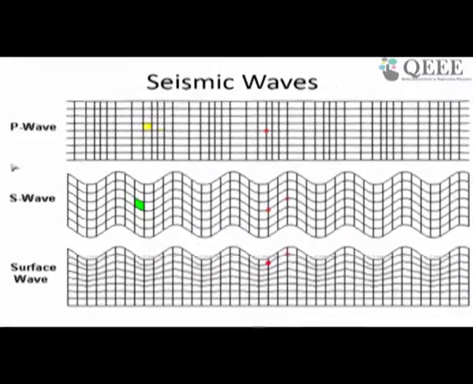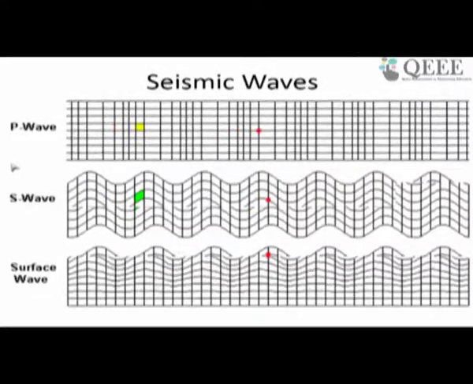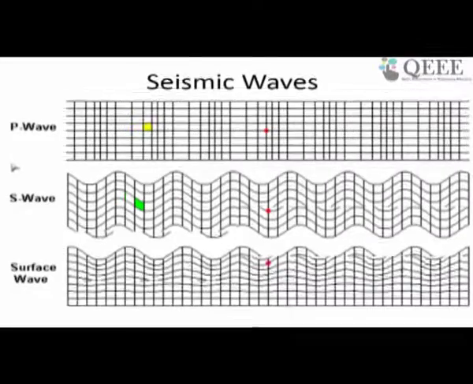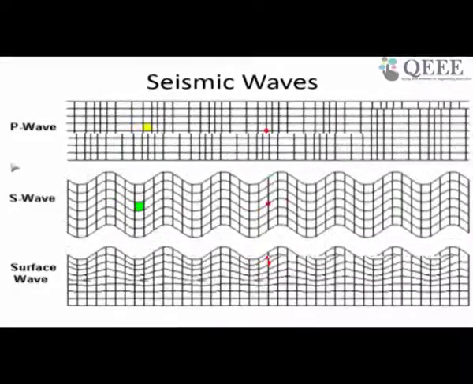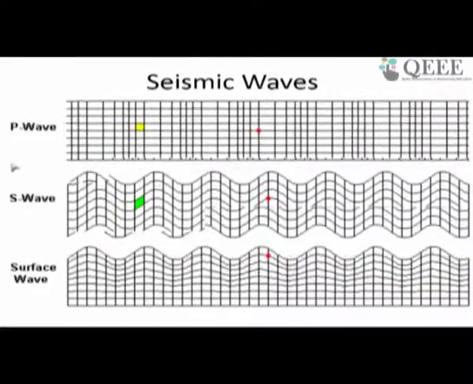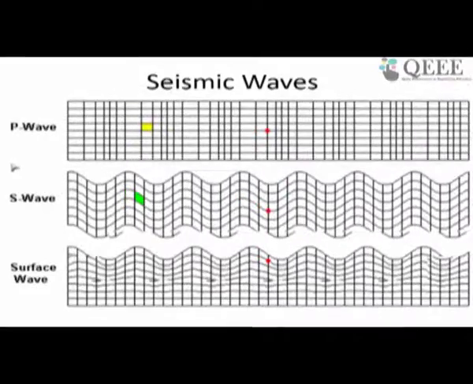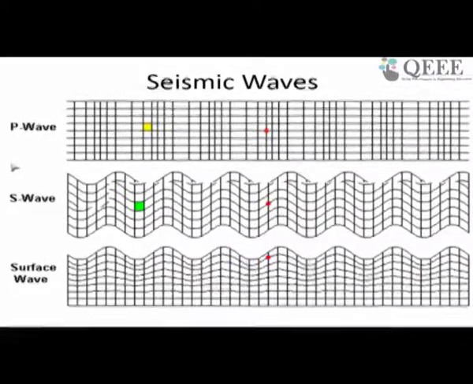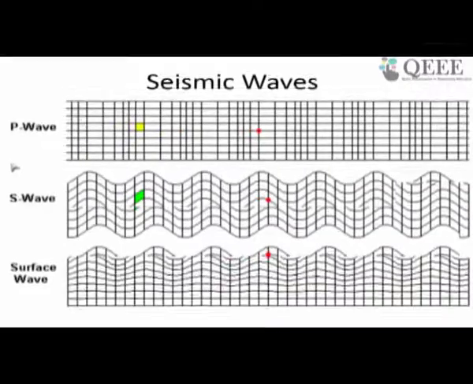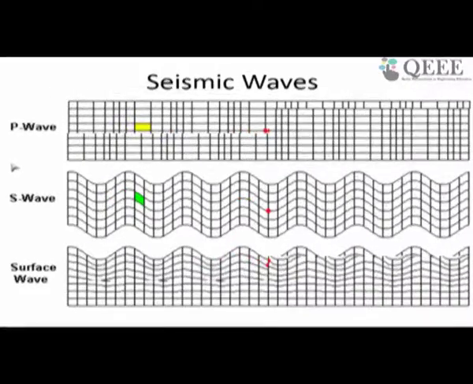Now as I mentioned, there are 3 different types of waves: P waves, S waves and surface waves. So as you can see how their movement is, it's in the longitudinal direction, and the shear wave is in the transverse direction.